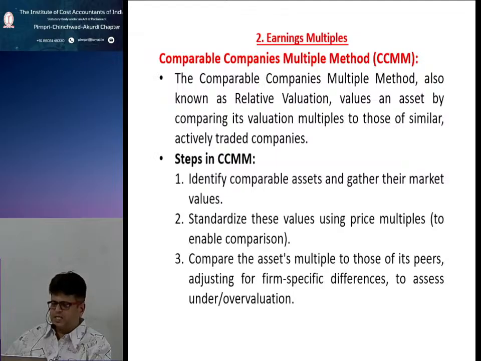So these are the three steps. First step is identify comparable assets and gather their market values, standardize these values using price multiples to enable comparison, find a reasonable, rational, common factor for comparison, and thereafter compare the asset's multiple to those of its peers, adjusting for the firm specific differences, thereby assessing whether the existing valuation is overvalued or undervalued.